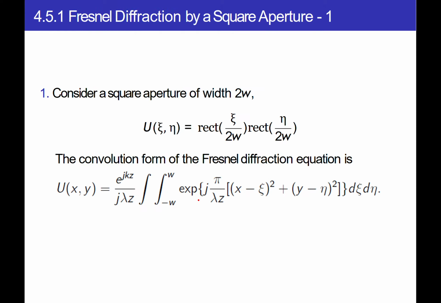So let's start with the square aperture. We have a width of 2w along the xi axis, and along the eta axis, they have all w widths. Minus w, w, and plus w, minus w.